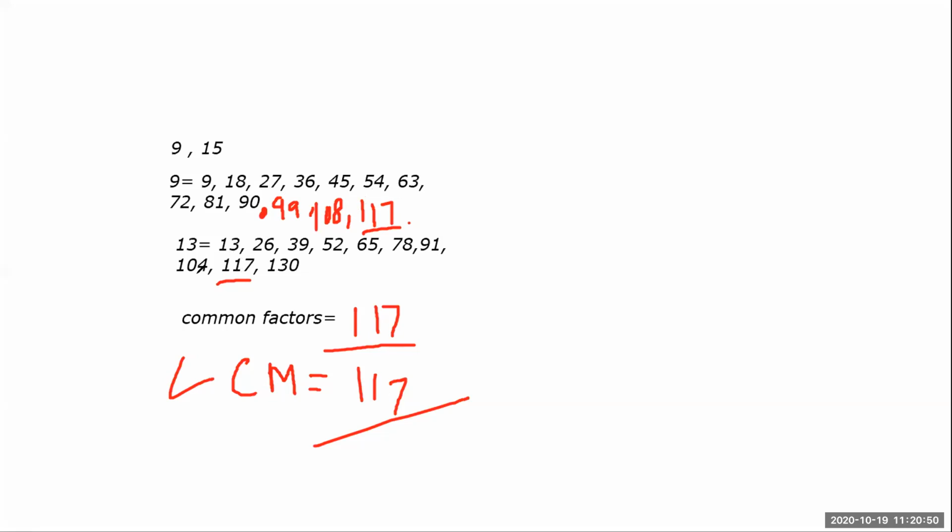Now before 117 no common factors are there, so 117 is the lowest common factor in between 9 and 13. So our LCM, lowest common multiple, is 117. Clear everyone? I hope everyone clear this doubt right now.